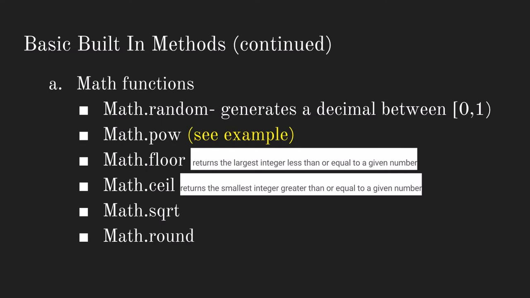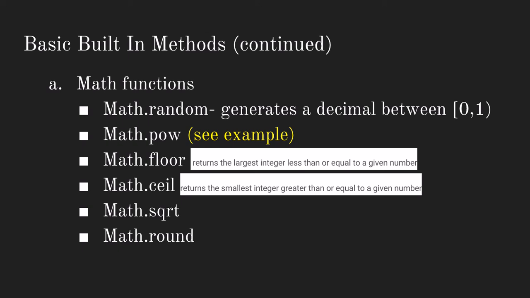Another built-in method, actually family, would be math functions, and this will be very important once you get to the assignments, such as the tax assignment or other mathematical functions. Some of them could be math.random, which basically generates a decimal between 0 and 1, inclusive of 0.